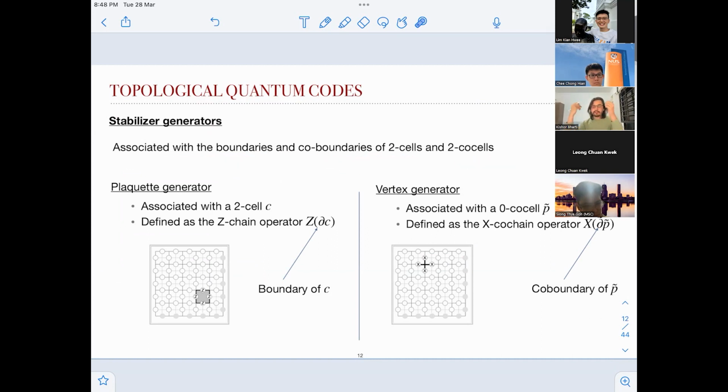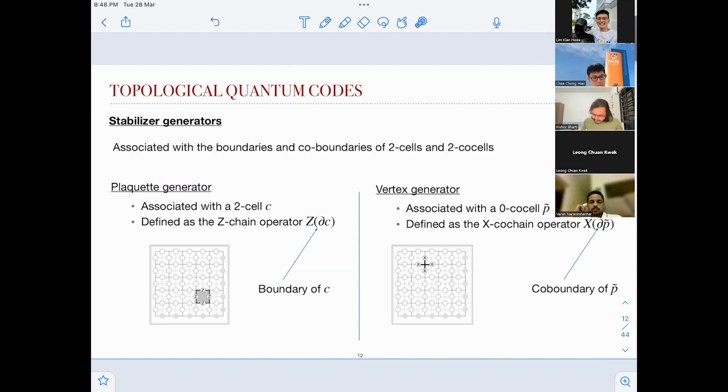You may remind yourself that the 2-cells are basically the Z, which were the plaquette operators, and these are nothing but the boundaries. And for the 2-co-cells, you get the vertices as the co-boundary.